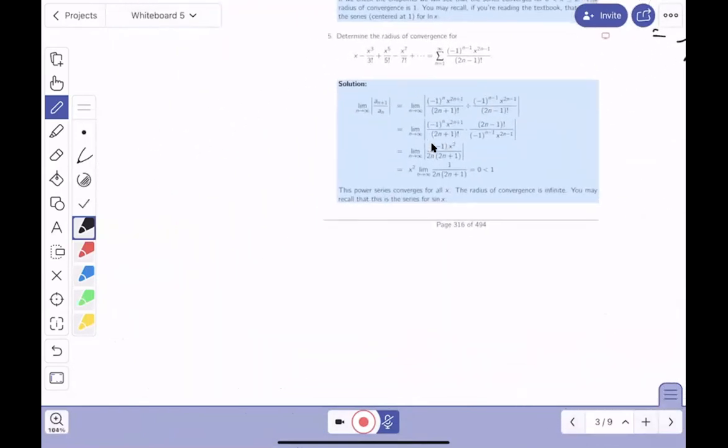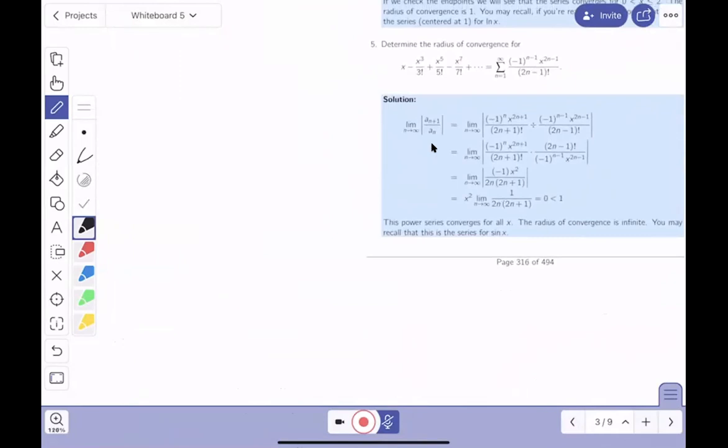All right, let's do the next one. And the radius of convergence for this one over here. Well, again, I'm going to write it down. It looks fairly simple to do. It's limit, n goes to infinity, and it's n plus 1, so it's going to be minus 1 to the n plus 1 minus 1, which is n, times x to the 2n plus 2 minus 1, so 2n plus 1.